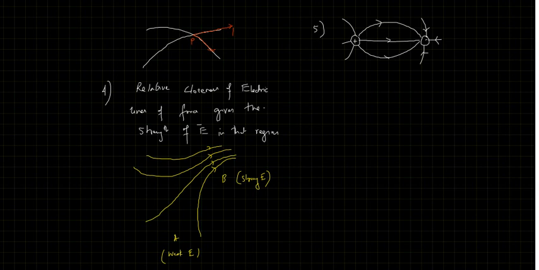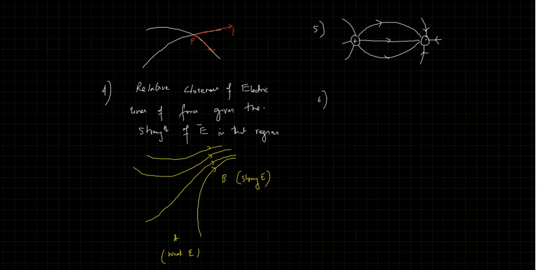Will their length increase or decrease? Their length will decrease. This is one of the properties of electric lines of force. Because if you bring the opposite charges close, lengthwise, the electric lines of force will decrease. This is one more property of the electric lines of force.